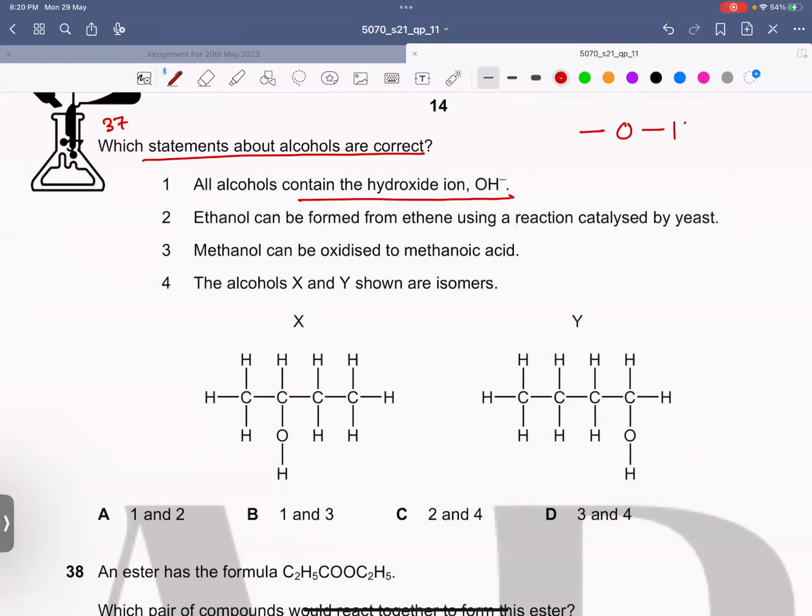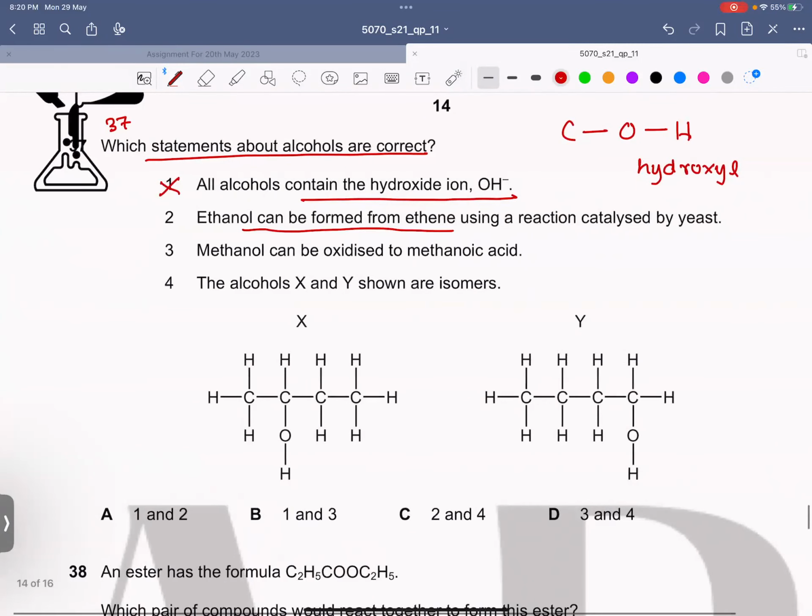The oxygen is bonded with the carbon. There is no hydroxide ion. So statement 1 is wrong. That is a hydroxyl group. You have to understand the difference. OH is considered a hydroxide ion when it's an ionic compound like sodium hydroxide, potassium hydroxide, calcium hydroxide, bonded to a metal. But when it is bonded to a carbon, there is no ion, there is a covalent bond, so it is considered a hydroxyl group.